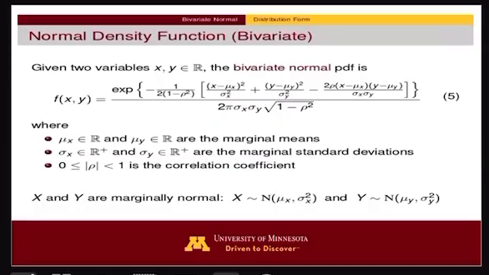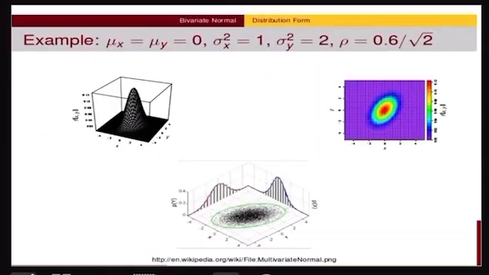So if I want to pictorially represent it, that depends on the variances and the relationship between the two variables.